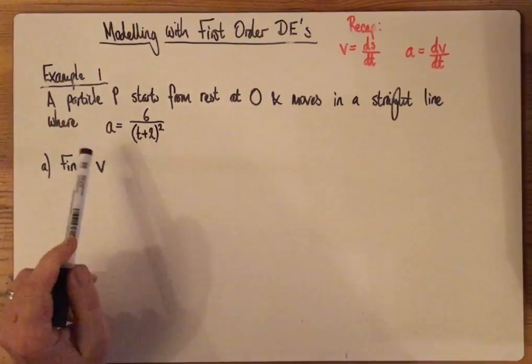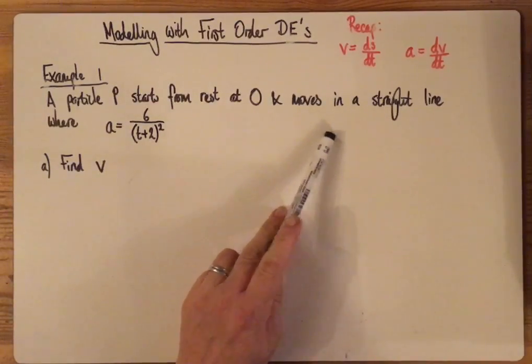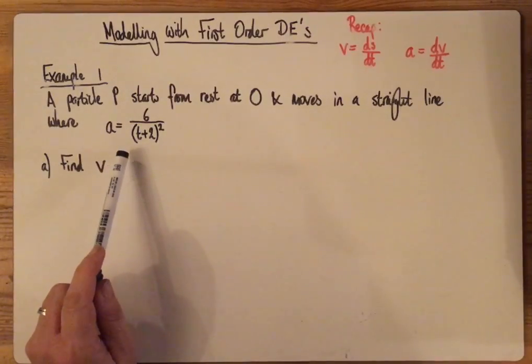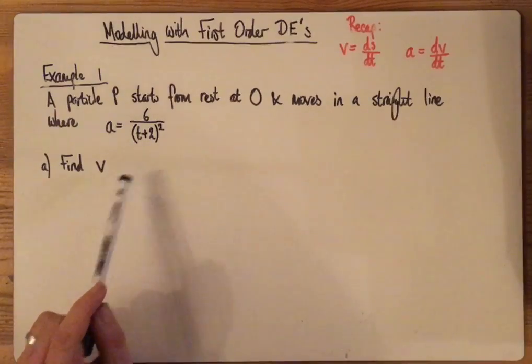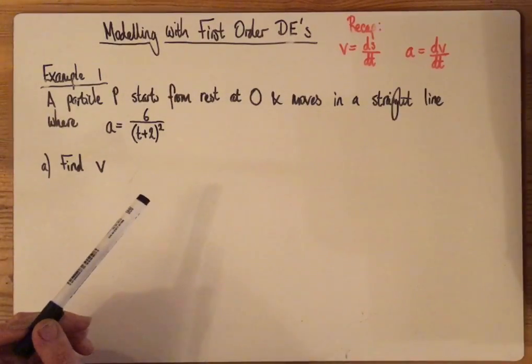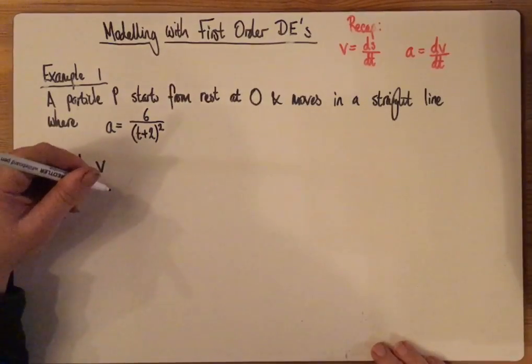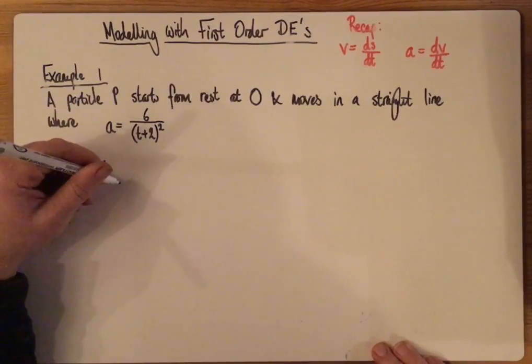So we've got a particle P starting from rest at the origin, which moves in a straight line where the acceleration equals 6 over (t plus 2) squared, and we want to find the velocity. So the acceleration is the velocity differentiated with respect to time.